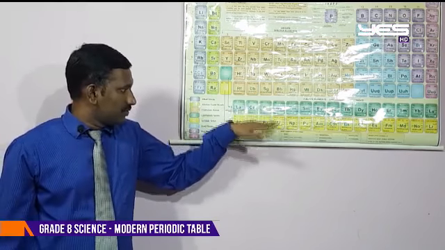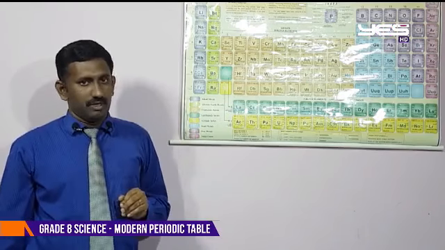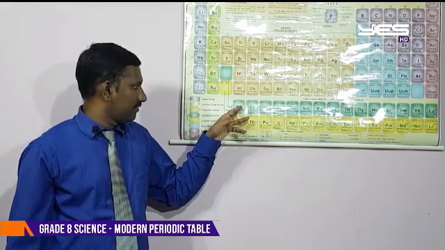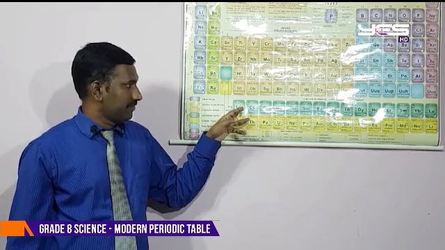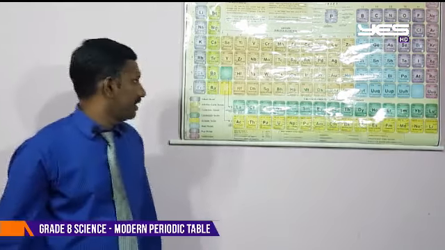Actually these two rows are a part of this periodic table. La has atomic number 57 and Lu has atomic number 71.